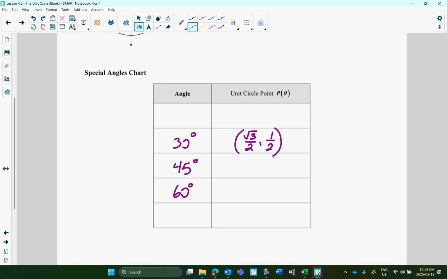If the angle coming out from the origin, or 0, 0, was 45 degrees, the two values for x and y were the same.